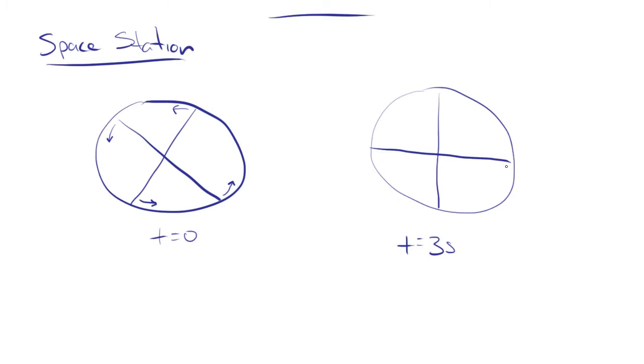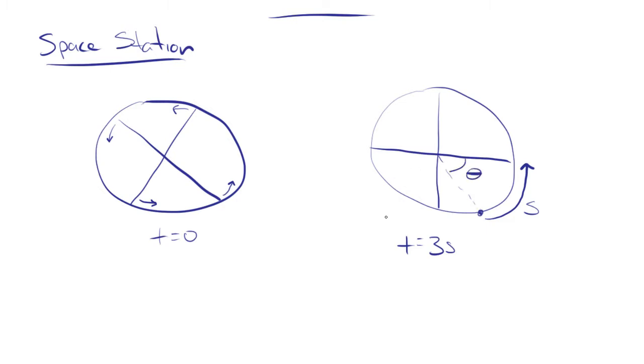So it's rotated from this position up to that position. If you're standing on the outside of the rim of the space station, you've traveled some distance s, and the question we ask is, how is that related to this angle theta?